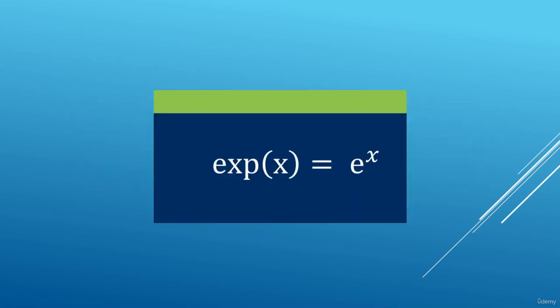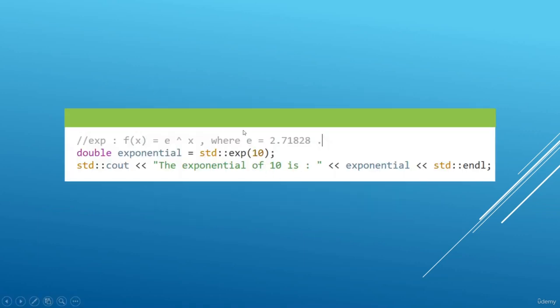Okay, we also have the exp function, which is going to compute the exponential of a number. This is a math concept, so if you don't have a background in math, this is going to be a little hard to wrap your brains around. But in math, we have this number, which is called e, and its value is approximately 2.71828, like you see here.